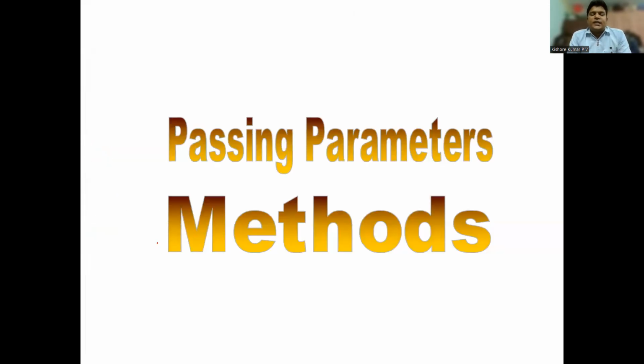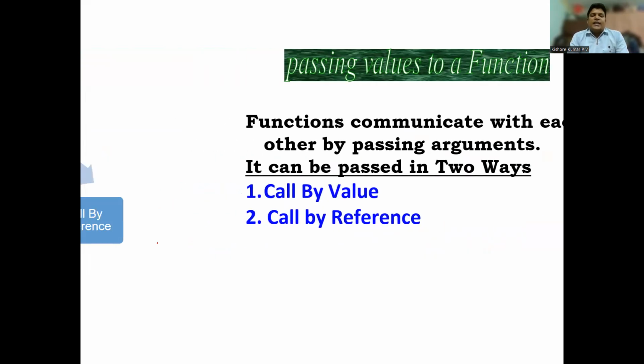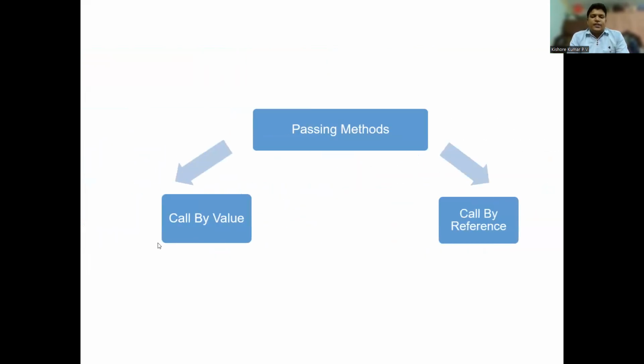And the third very important topic is parameter passing methods. It is like intercommunication between the functions, from the calling function to the called function and back to the calling function. It is based on passing the parameters, and is divided into call by value and call by reference.